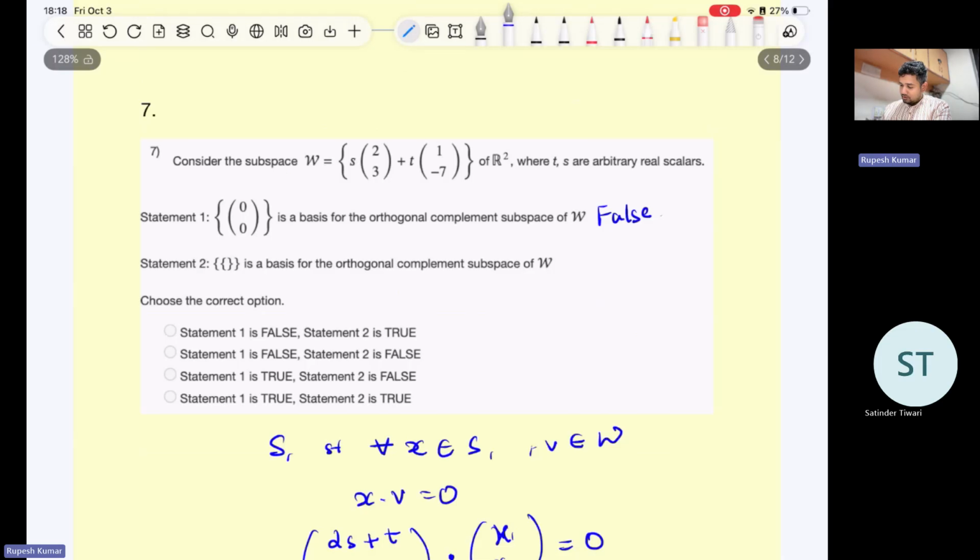So now the second statement says the null set is the basis for the orthogonal complement of the space W. Now in this null set there is no vector, right?